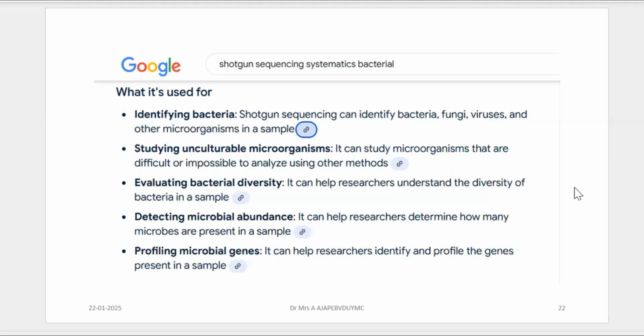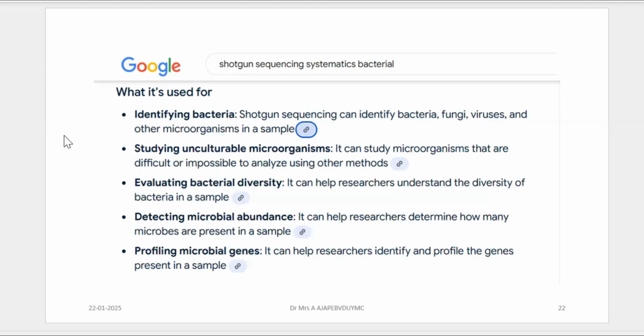So the importance of the method where shotgun sequencing comes in is that you want to find out the whole genome, because there are limitations with amplicon-based sequencing. Many a time, the limitations of PCR are there.